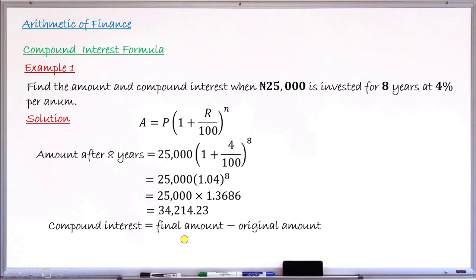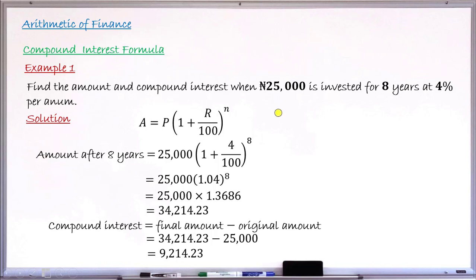So there we substitute. If we do this subtraction correctly, you now have 9,214 naira 23 kobo. This will be the interest that this 25,000 naira will generate in these 8 years if the interest rate is this 4%. You can see this if it were a normal method of finding compound interest.